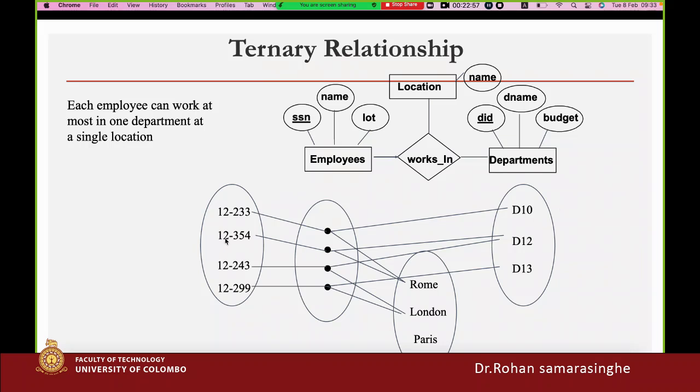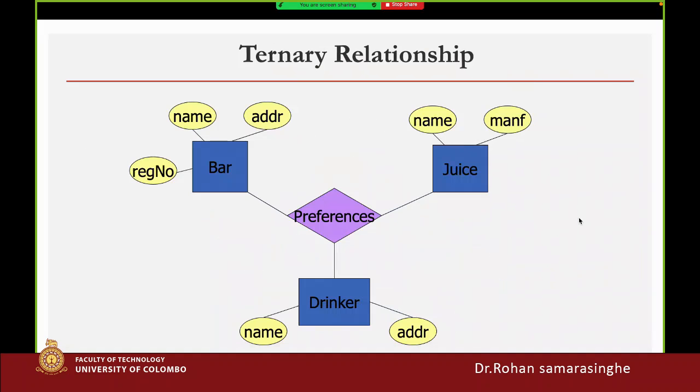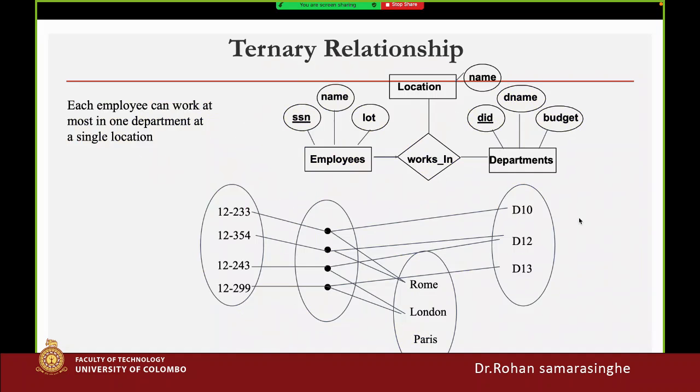The employee with this number, who is also working in Rome, works in the marketing department. Likewise we can write. Also, worker 12243, who works in the London office, works in the finance department. Likewise, we can see the ternary relationship like this. This is a good example to understand ternary relationships.